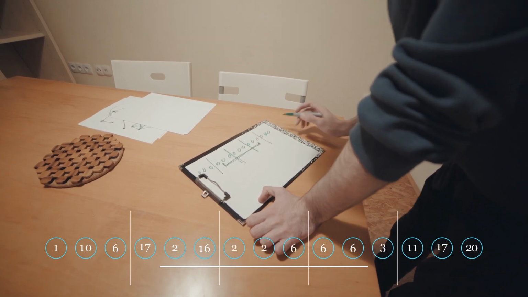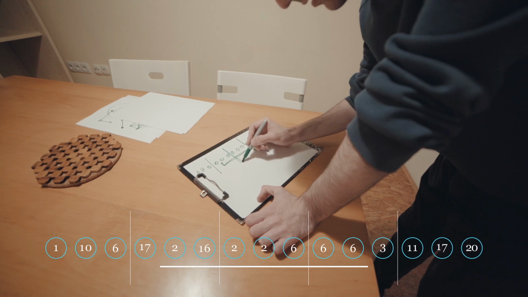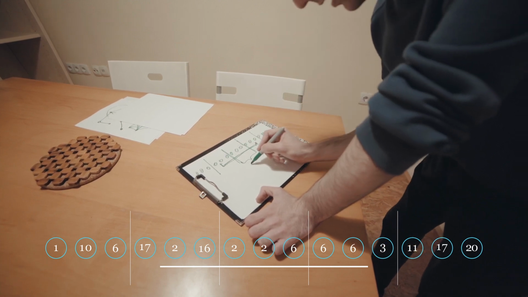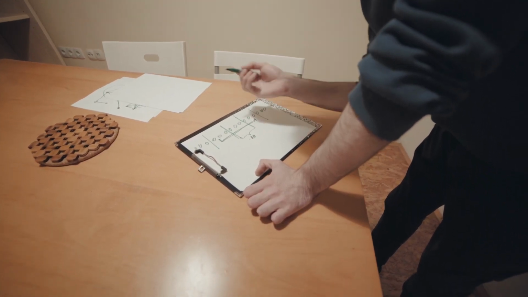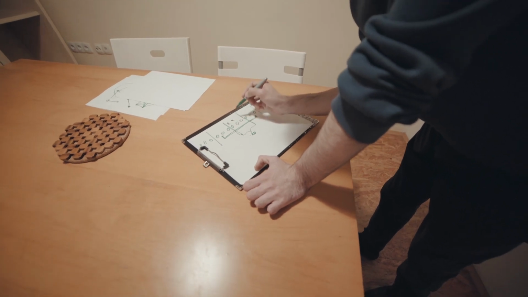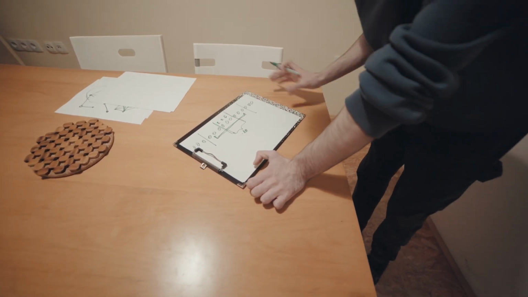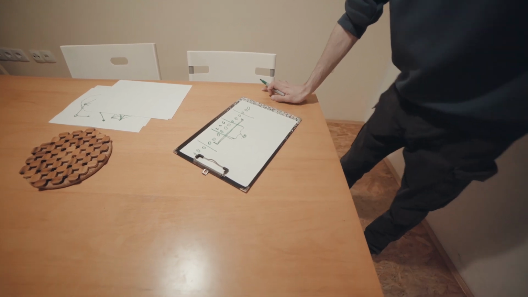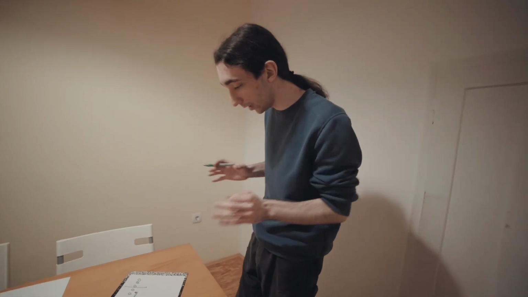So if I somehow know the sum of this block, let's say this is 10, if this is 2, this is 2 and this is 6, let's say, it doesn't matter. If I know the sum of this block, I can quickly say, oh yeah, this block contributes to the answer with 10. I don't care about the numbers inside the block, okay?